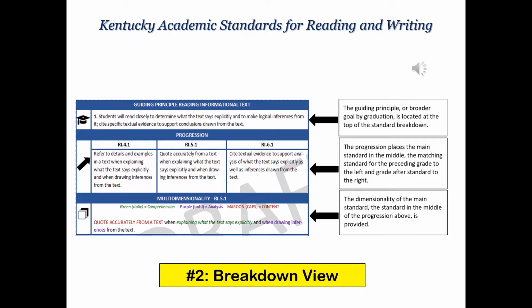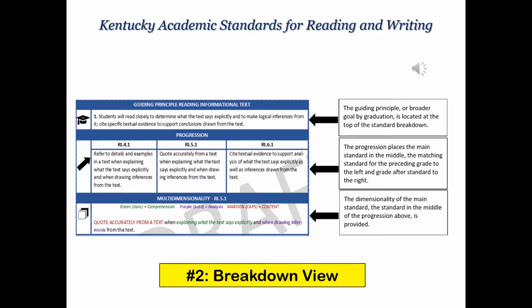Number 1, when I look at progression, first of all, if I'm the 5th grade teacher, especially when I'm first getting ready to start to teach this standard, I really need to know what my students already know. And so right there on the page are some guidelines to help me determine how I can create a formative assessment that allows me to see where the majority of my kids are. The example I always used for the Common Core standards: the words who, what, when, where, and why were not actually in the standard until 2nd grade.